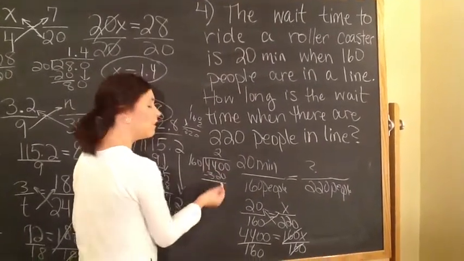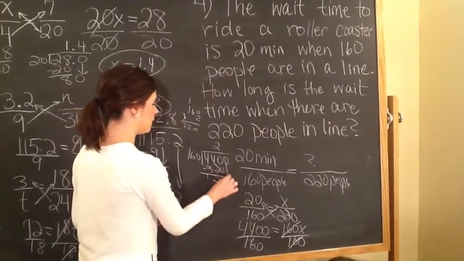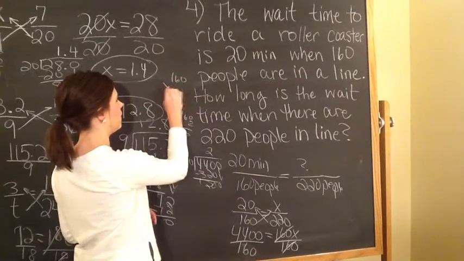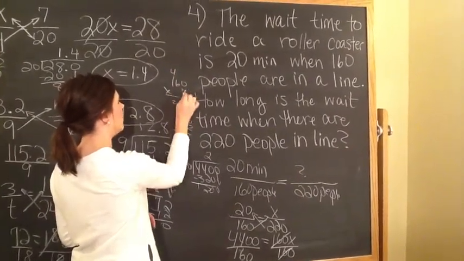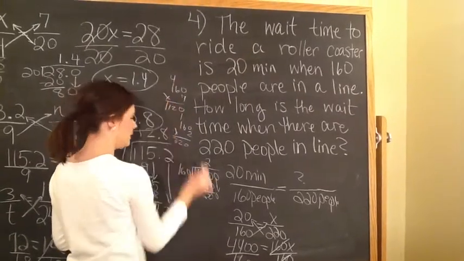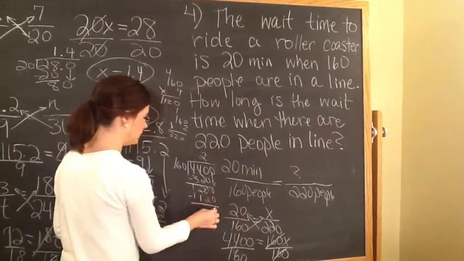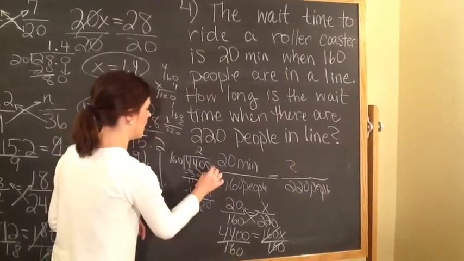We got 0, 4 minus 2 gives you 2, 4 minus 3 gives you 1. We're going to bring down our 0. It goes in about 7 times, so 7 times 160 gives you 1,120. Let's go ahead and subtract.